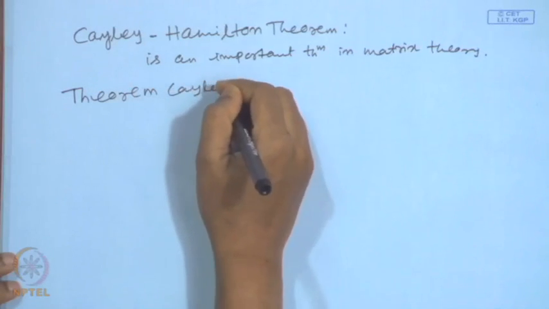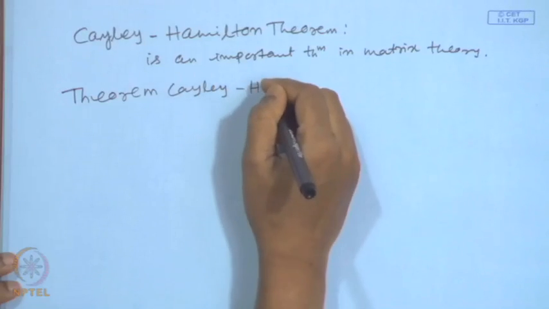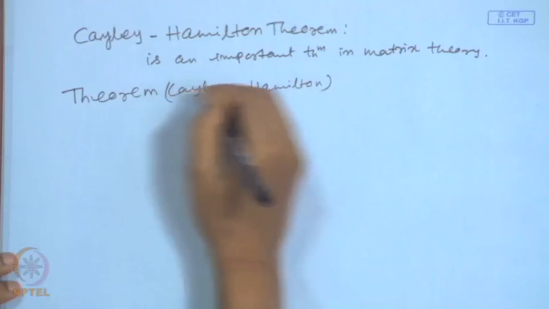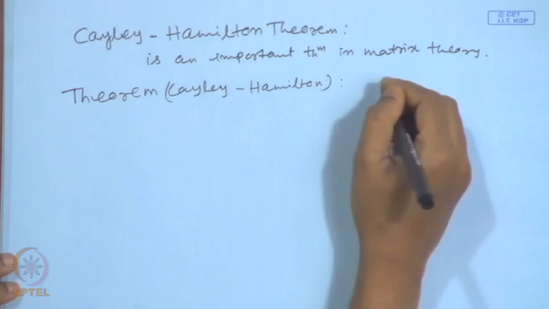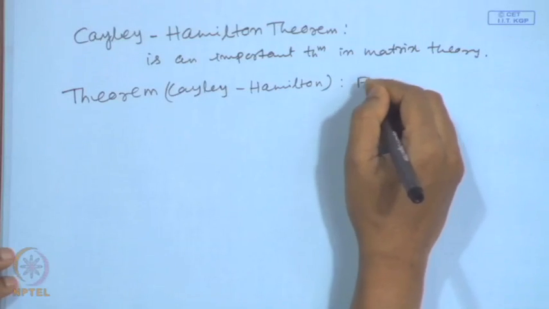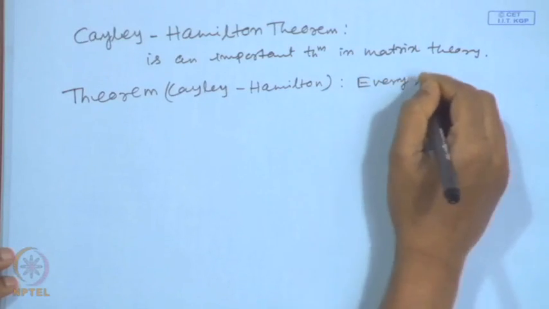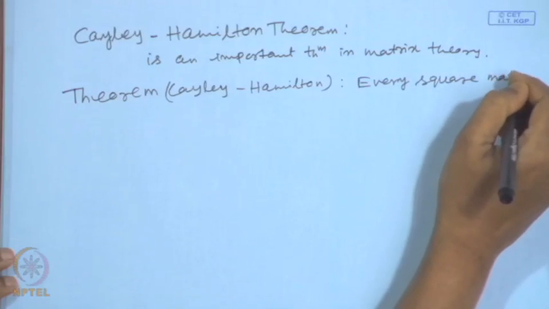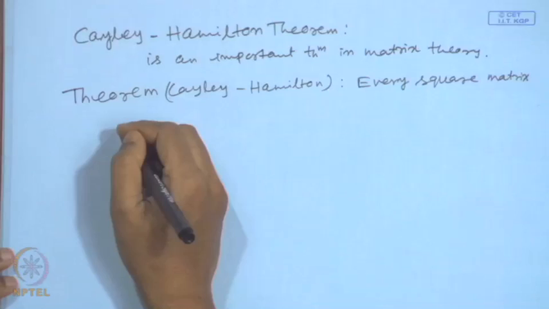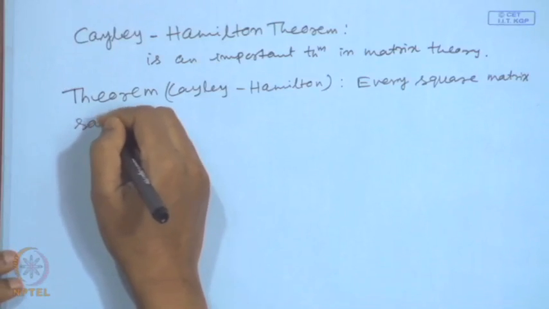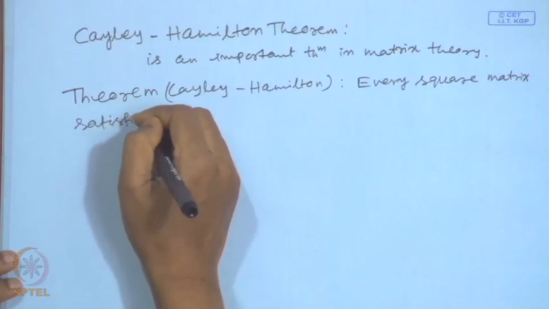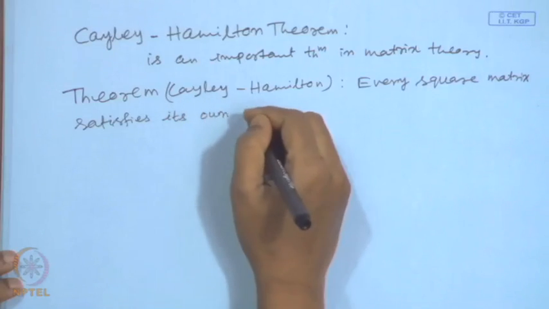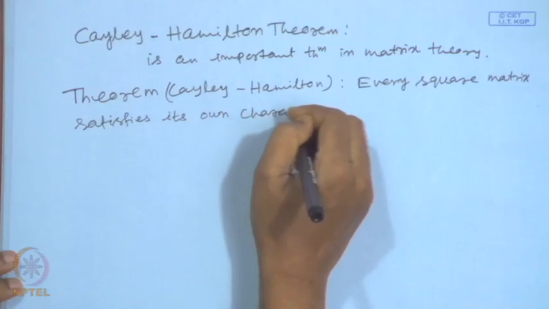The Cayley-Hamilton theorem says that every square matrix satisfies its own characteristic equation.